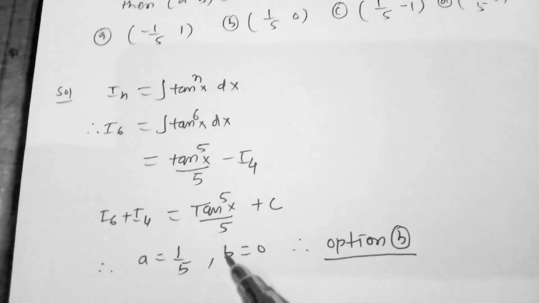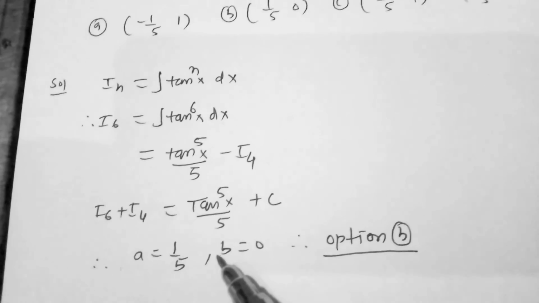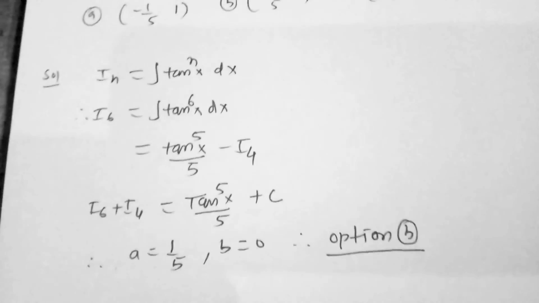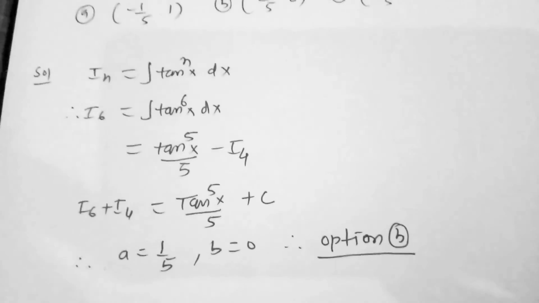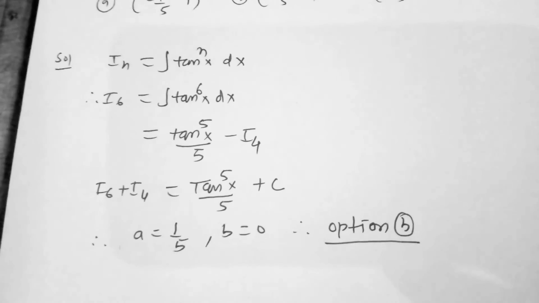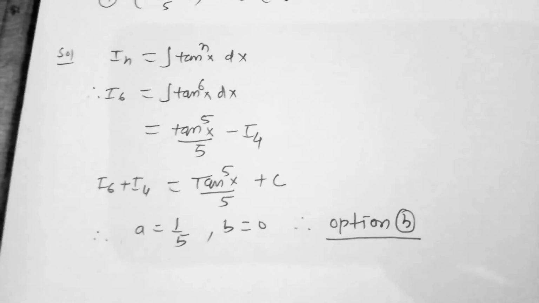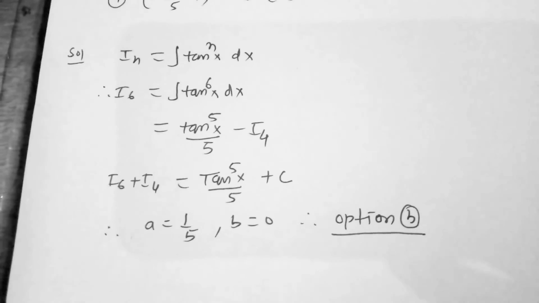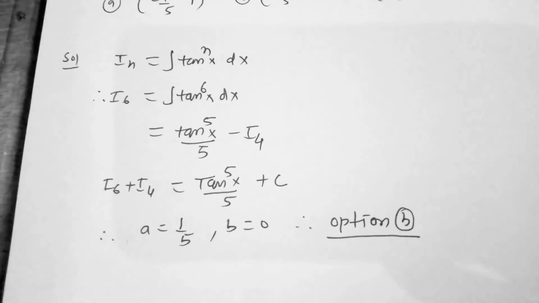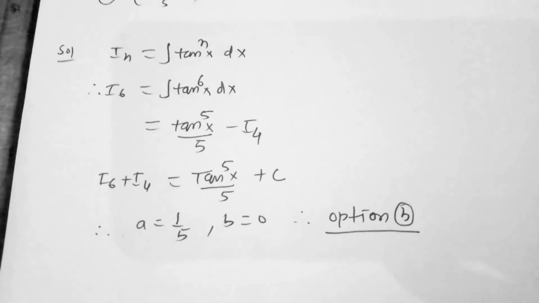So this is very easy once you know the reduction formula for tan to the power n x dx, when n is greater than 1, and n can be any number greater than 1, whether odd or even. So what is the pattern? In the answer we start with one power less than the power in the question.